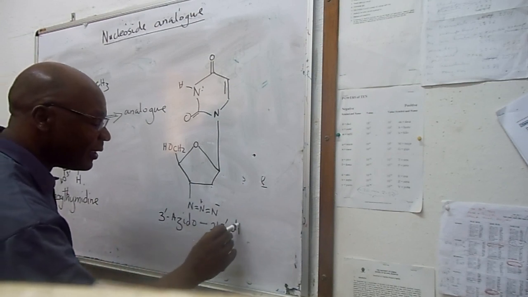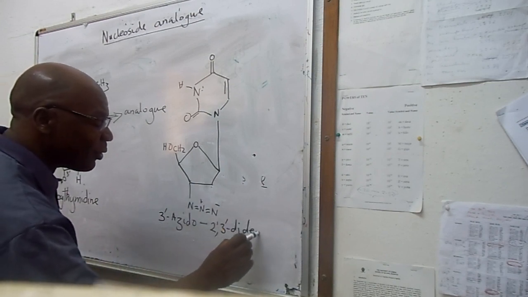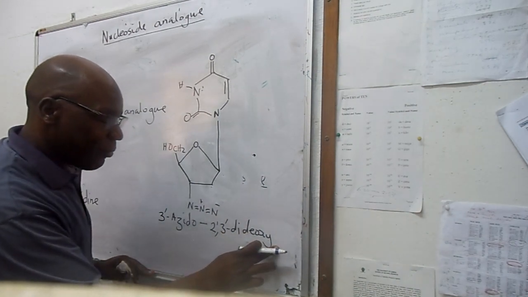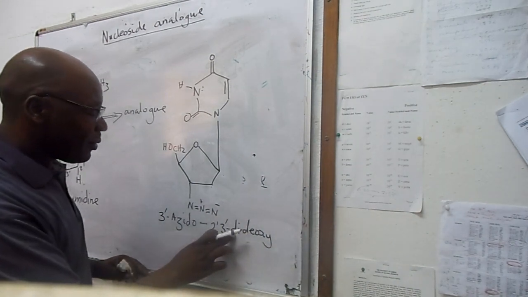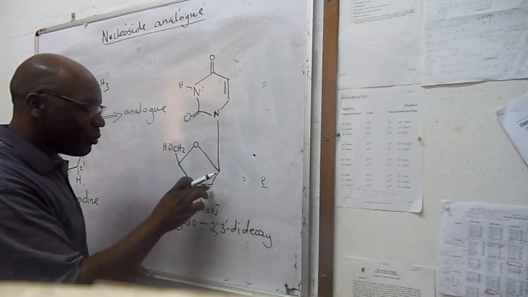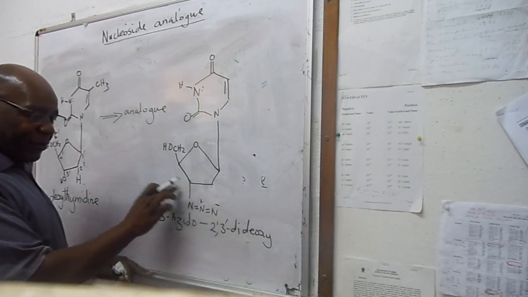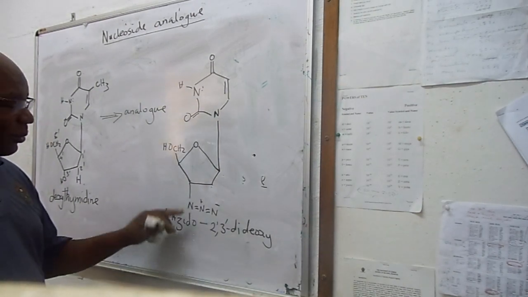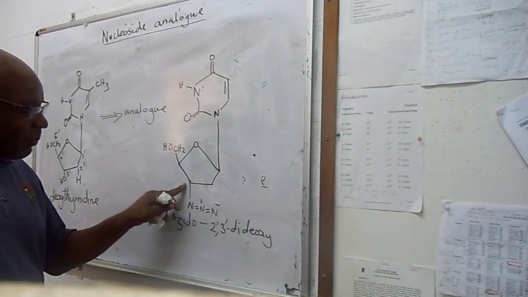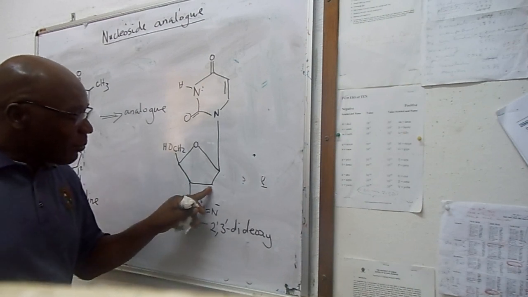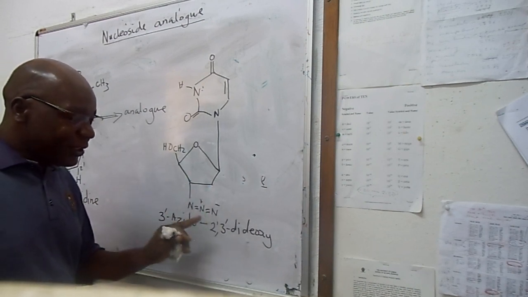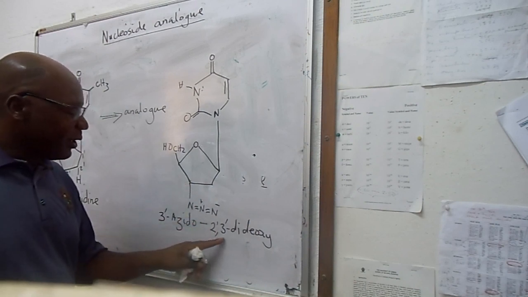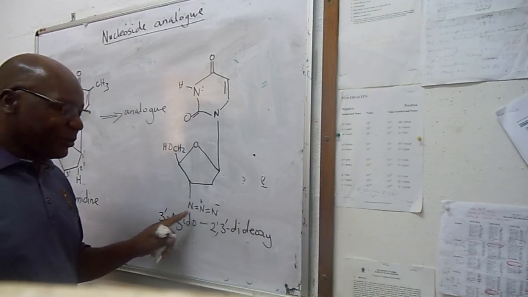So we would say dideoxy. Deoxy means the removal of oxygen, but 2 oxygens have been removed, from number 2 and from number 3. So we have 3 prime azido, because we have placed the azido group at 3 prime. Then at 2 prime, we have removed the oxygen from ribose. At 3 prime also, we removed the oxygen in order to put the azido group.